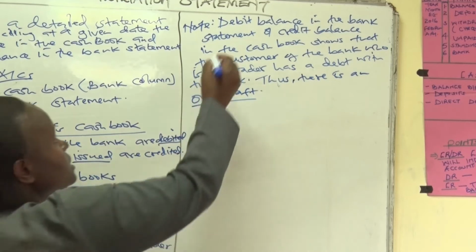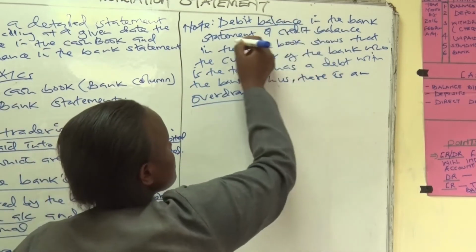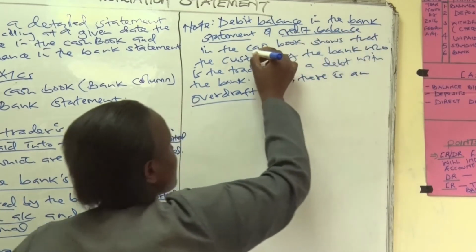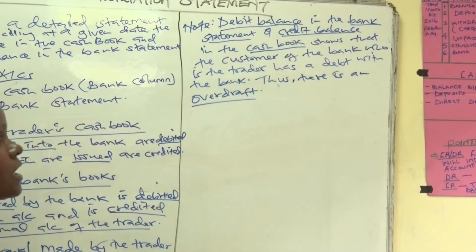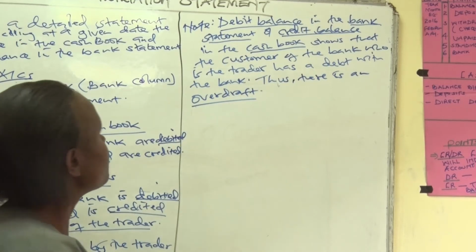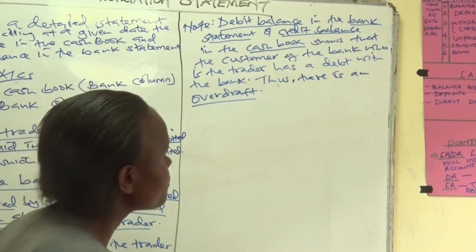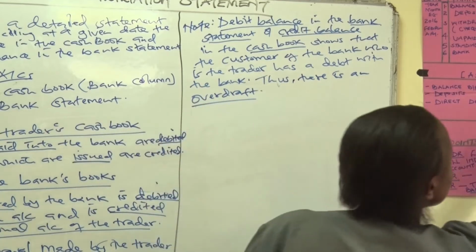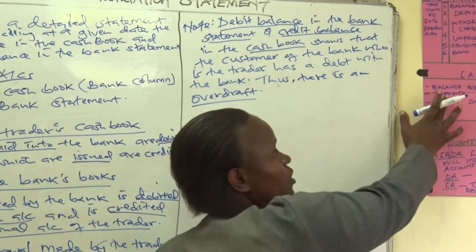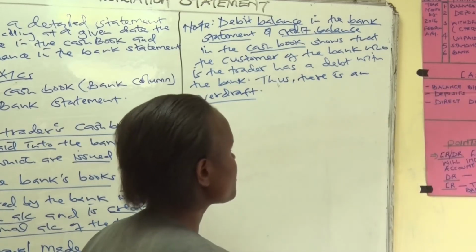So any debit balance in the bank statement and a credit balance in the cash book shows an overdraft. From there we can look at how the bank statement looks like and how the cash book looks like.